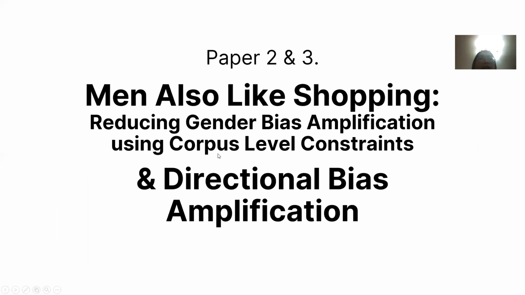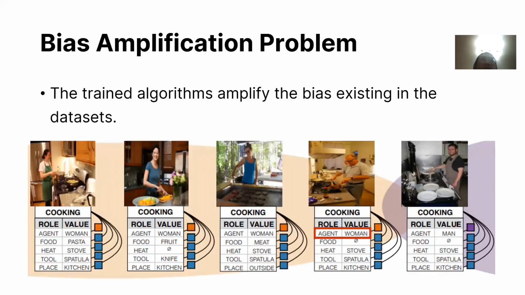And for the second topic, the professor recommends 2 papers: Men Also Like Shopping and Directional Bias Amplification. The Directional Bias Amplification paper extended the work of Zhao, Men Also Like Shopping. So these 2 papers deal with the bias amplification problem. The problem states that trained algorithms amplify the bias existing in the dataset.